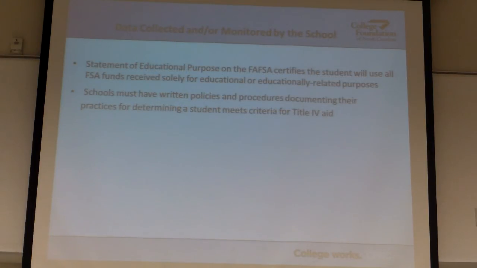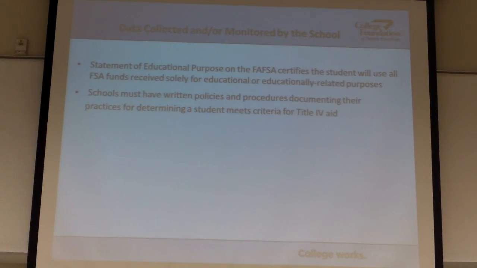So to wrap up the general overview of Title IV eligibility requirements, certain data is collected and monitored by the school. The type of program the student's in, the student eligibility requirements, and the enrollment status of the student are all collected by the school and monitored to make sure the student maintains eligibility for Title IV aid.